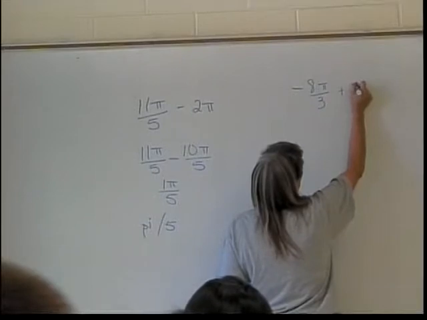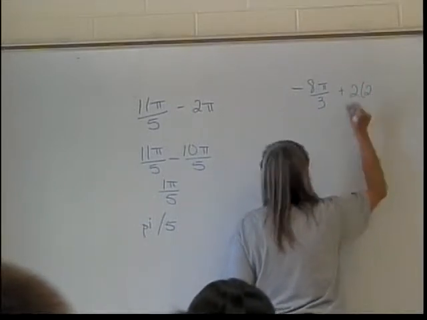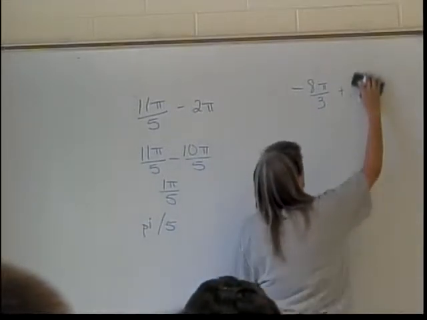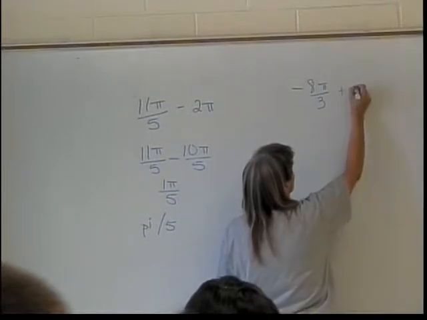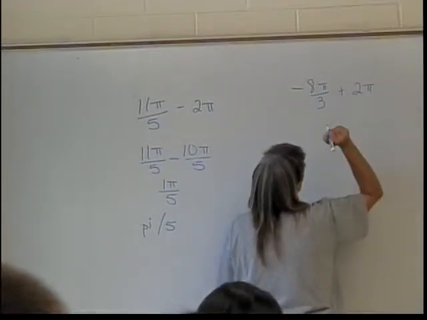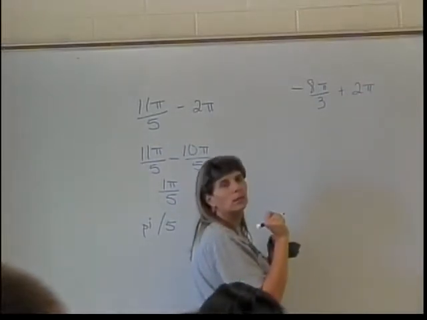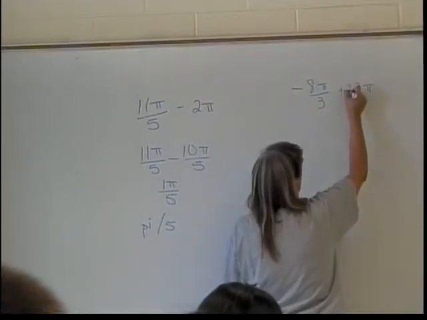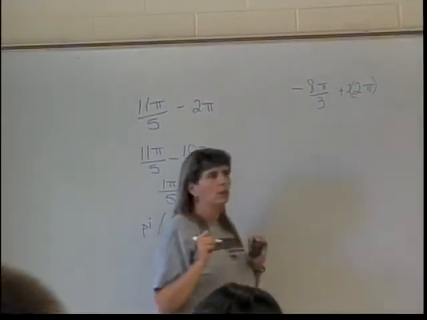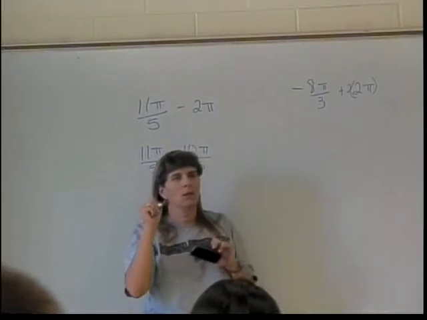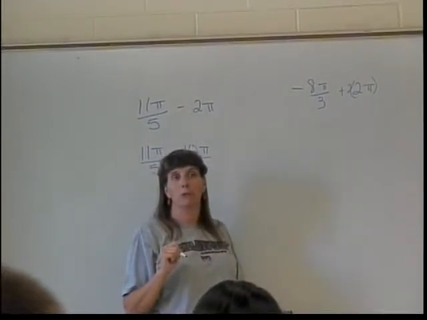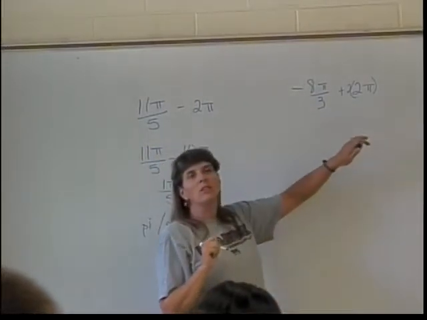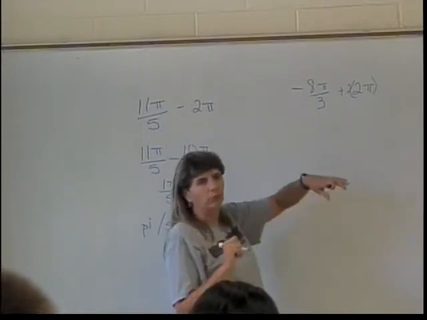So you want me to add 2 2 pi's? No, just 1 2 pi? I was going to say, I think 1 2 pi ought to do it, shouldn't it? No, I think we're right. I think the 2 2 pi's will be necessary, because 1 will still leave me negative. But you can find that out pretty fast by doing it.